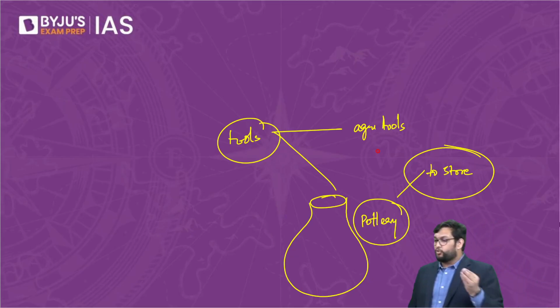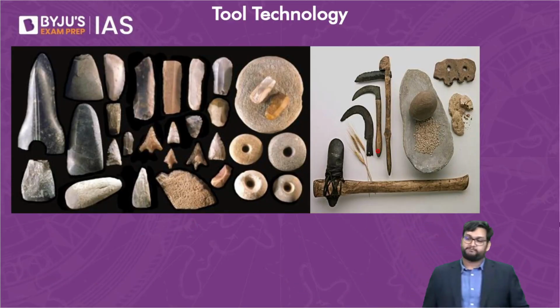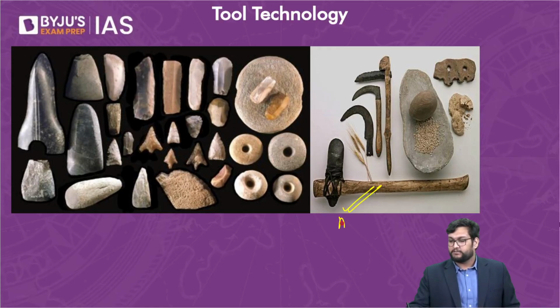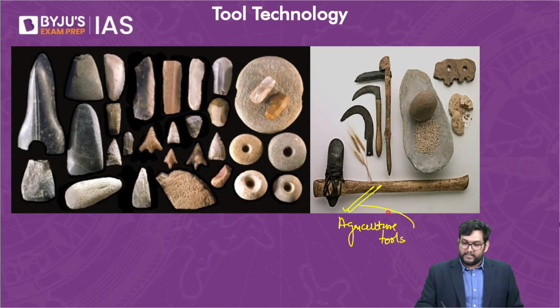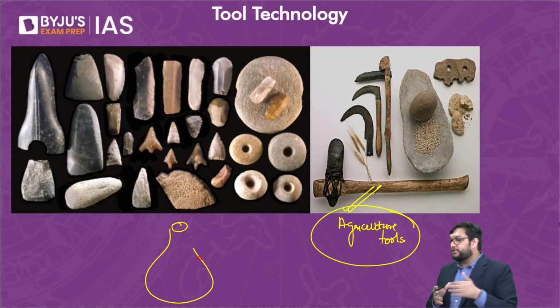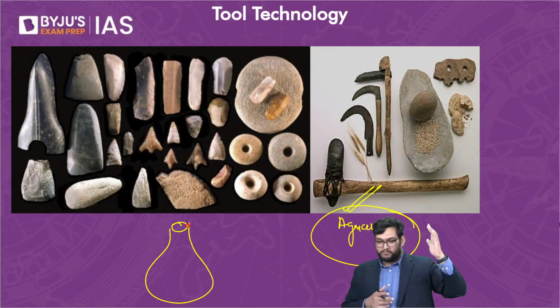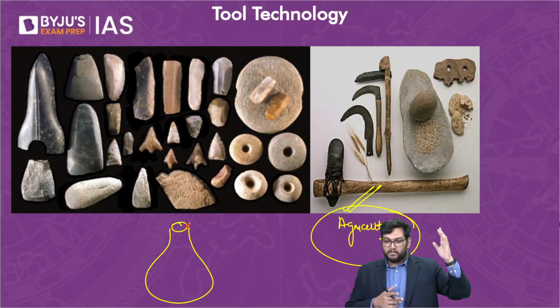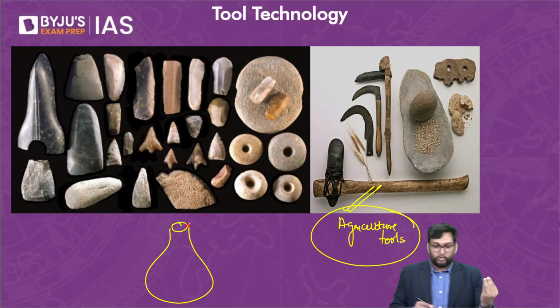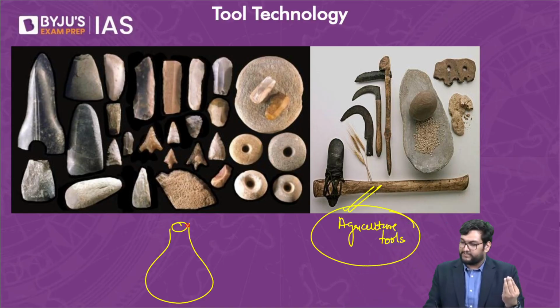We get a new set of tools itself. Tools which are based on agriculture and the genesis of pottery. Because does a plant give you yield throughout the year? No, it only gives you once. So storage is needed.